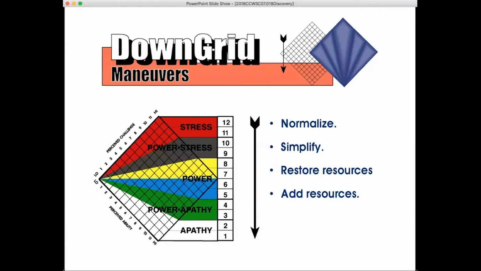Go ahead. And so would you describe that more about helping them restore a resource or adding a resource? You know, if they're imagining a person they've never been before, or deliberately having an out-of-body experience where they're noticing things about them, that might be adding a resource.